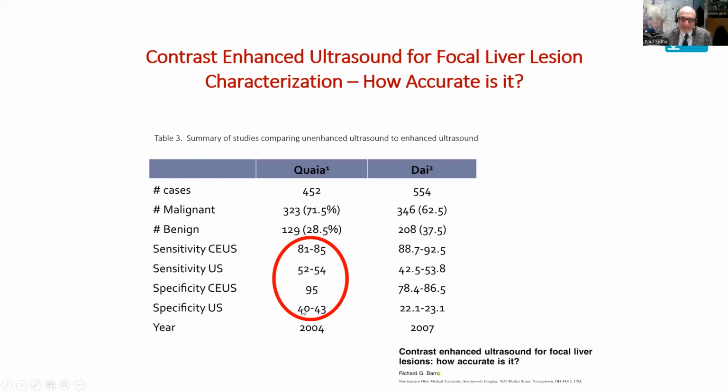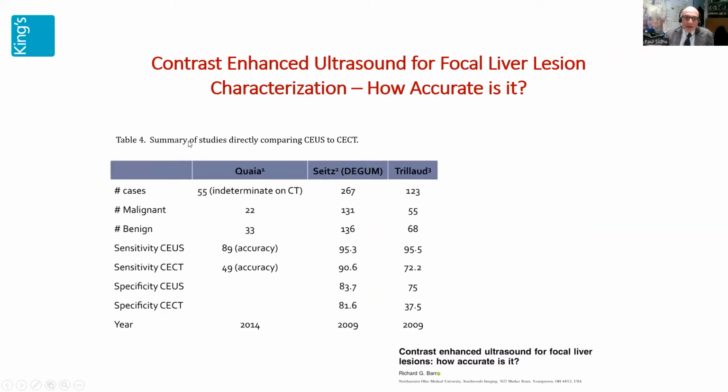And similarly, the specificity from 40 to 95%. So clearly just adding contrast in the evaluation of a focal liver lesion renders or doubles the sensitivity and specificity of the examination. And this is very important because ultrasound had previously been thought as limited in the evaluation of focal lesions.